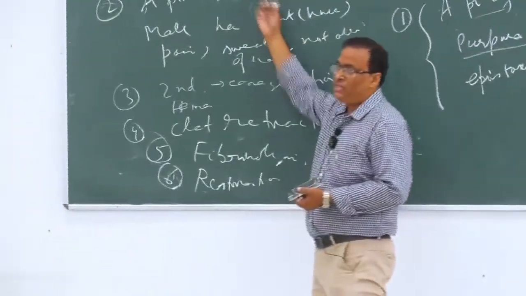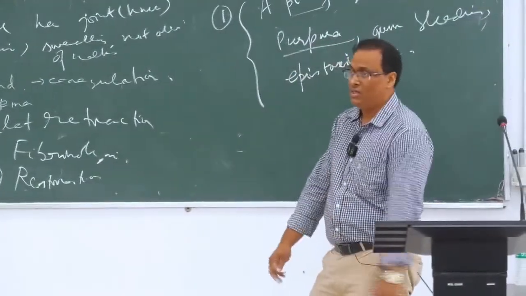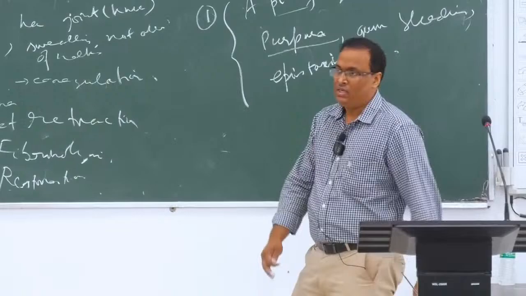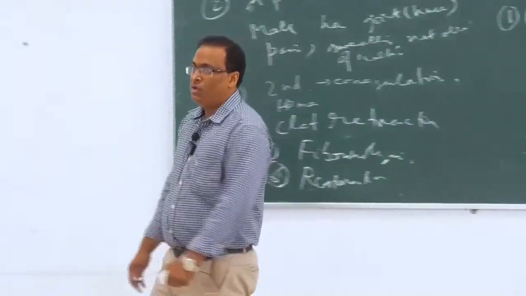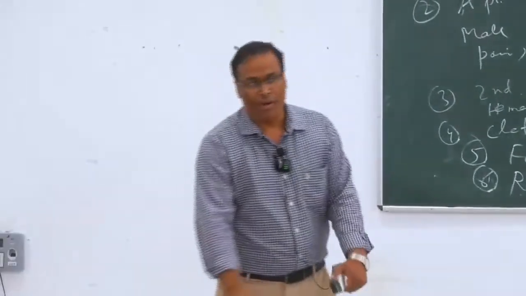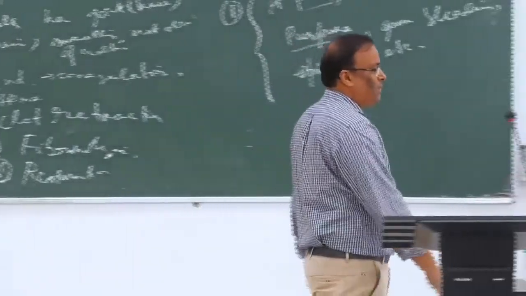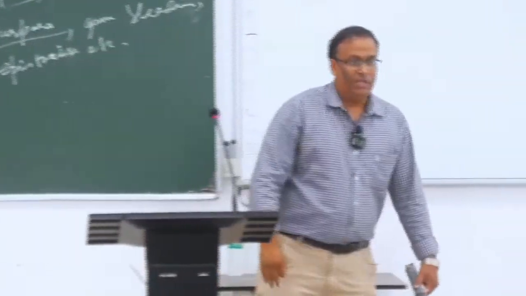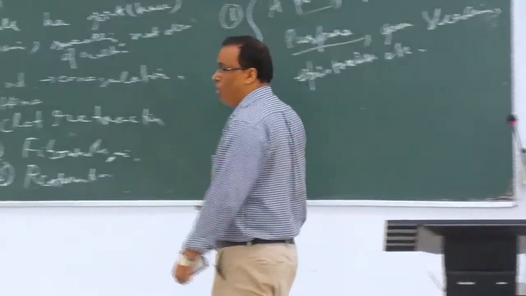Here there is no petechial rash, no epistaxis, no gum bleeding. That means I want to emphasize that two types of bleeding are happening here. Number one, one patient is having cutaneous bleeding and mucosal bleeding. Number two, the second type of patient is having bleeding in the deep muscle or inside the bone or nearby bone.